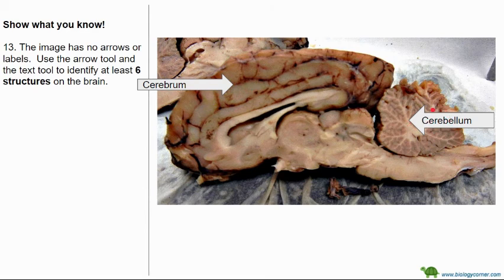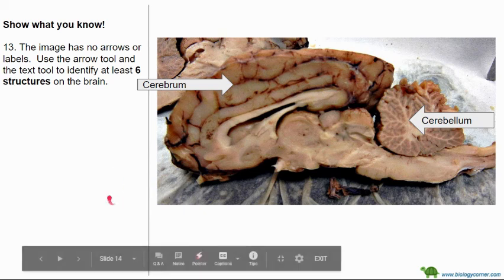So I did 2 of the easy ones. You guys can pick some other ones, right? The corpus callosum, or look, I think I see the pituitary gland right here. You could do that, right? Parts of the brainstem. You could do the lobes, right? There's a whole bunch of structures. There's 20 structures. Choose 6 and label them there.